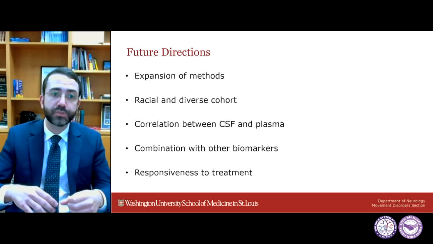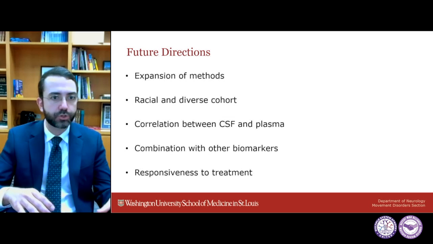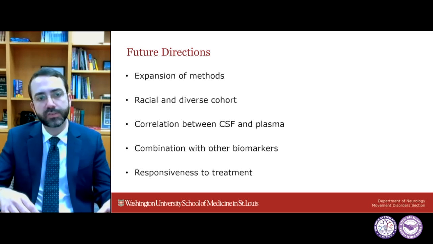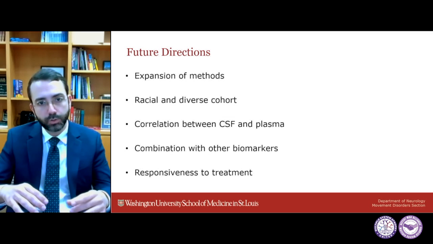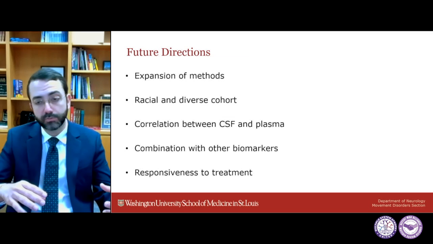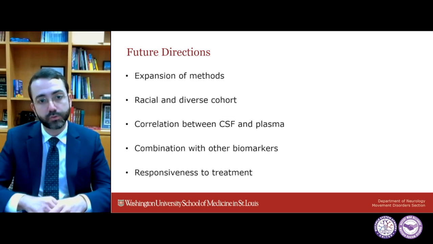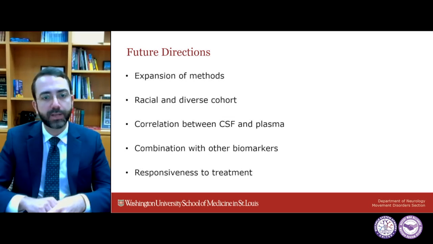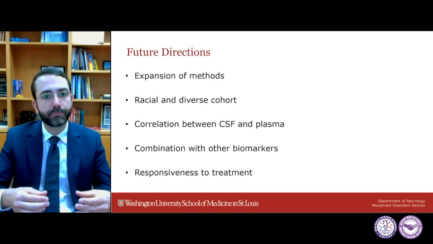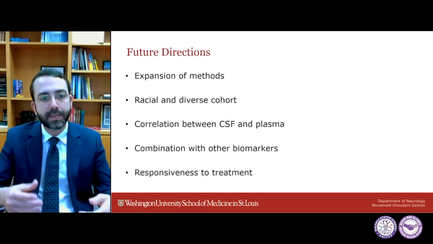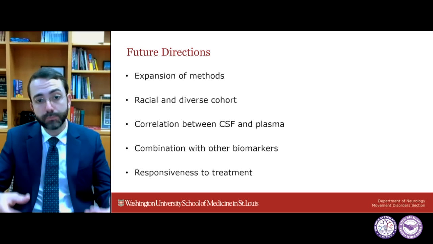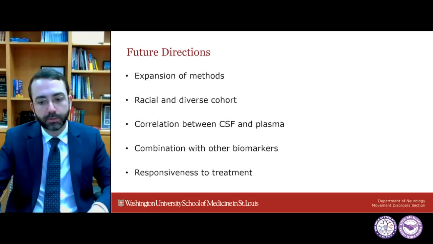We also have to understand the role of neurofilament light chain in combination with other biomarkers, and if we can potentially use these results in combination with other biomarkers that have been advancing in the field of movement disorders. And finally, we have to confirm how neurofilament light chain behaves in response to treatments for MSA, and if they can truly be used as a biomarker in clinical trials.